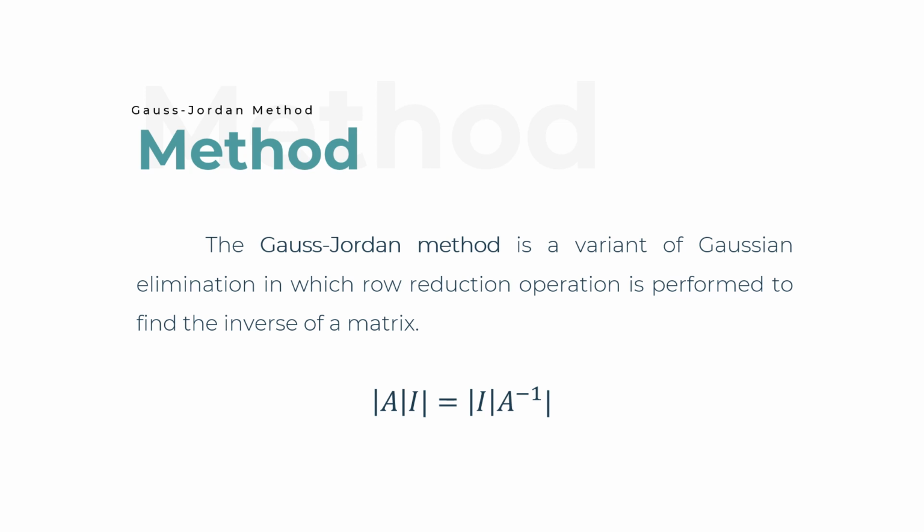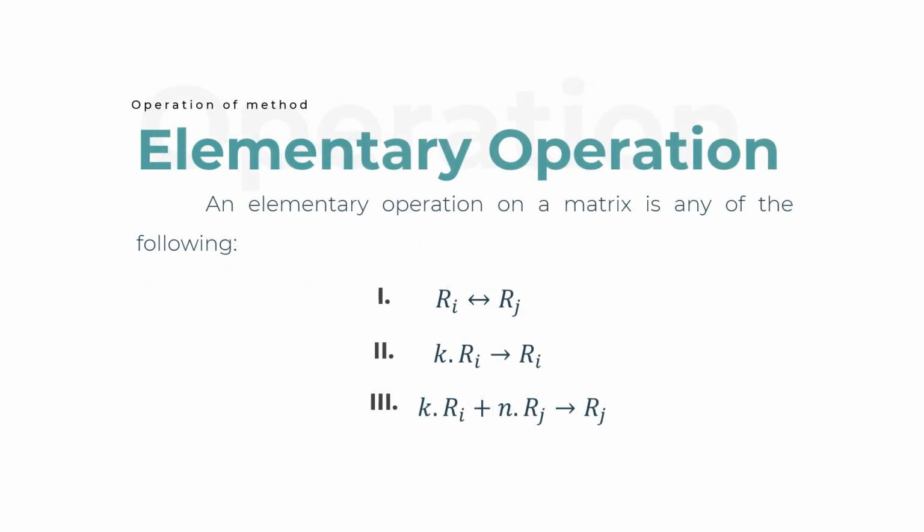So how do we perform the elementary operations? An elementary operation on a matrix is any of the following. These are the operations we can do with the rows or columns in a matrix. The first type of operation is interchanging rows or columns i and j of a matrix.